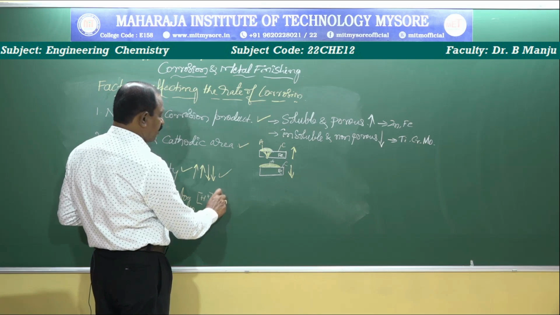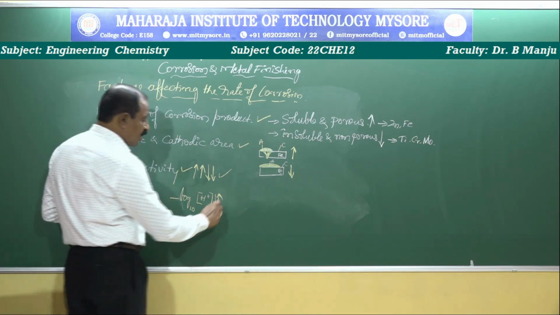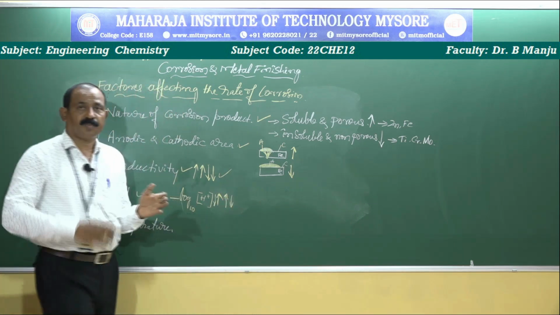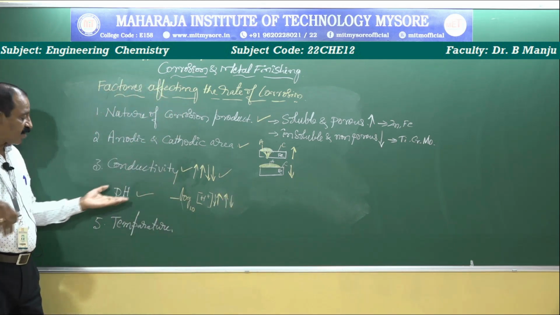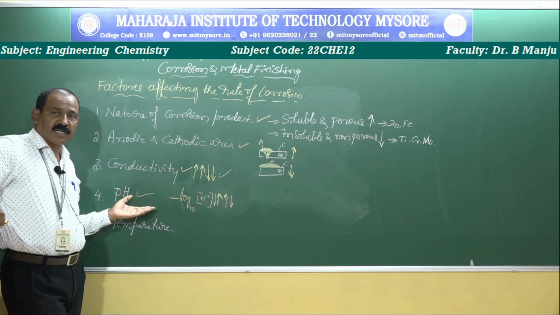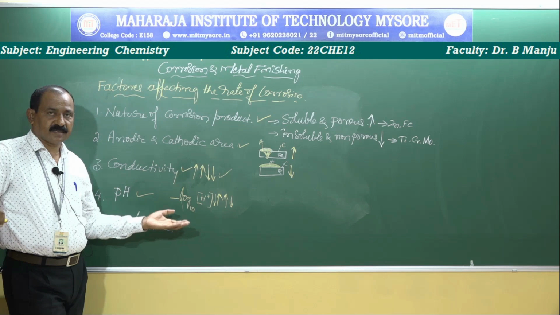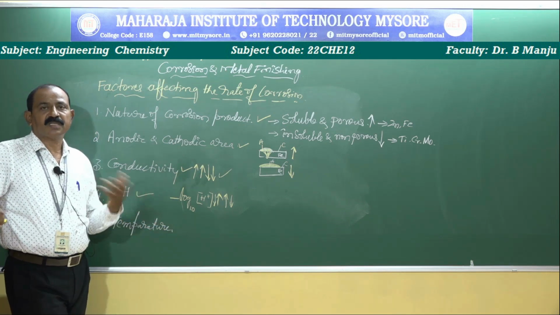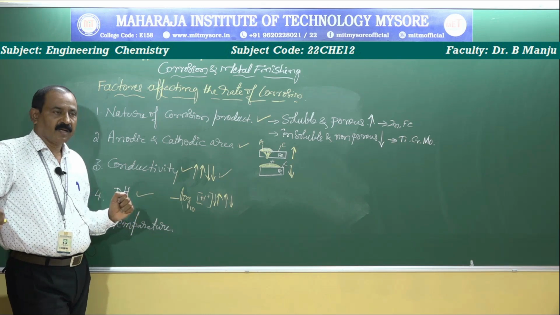As pH increases, the rate of corrosion decreases. In the basic condition, the rate of corrosion is less compared to acidic nature. In an acidic environment, the corrosion rate is always very high.